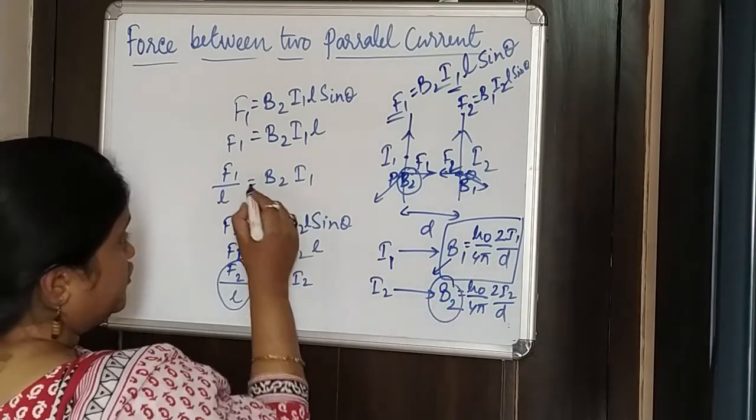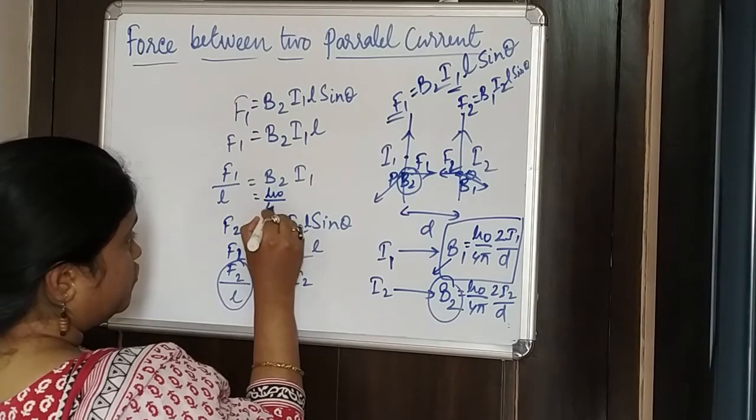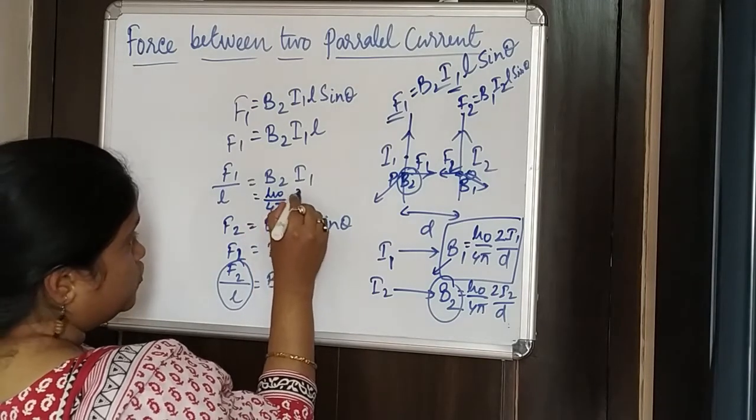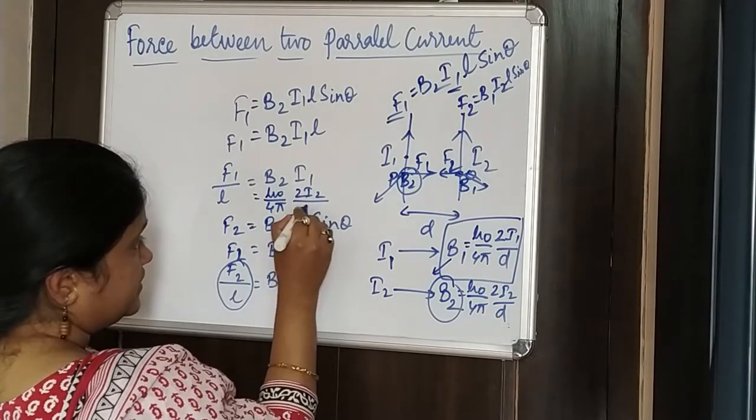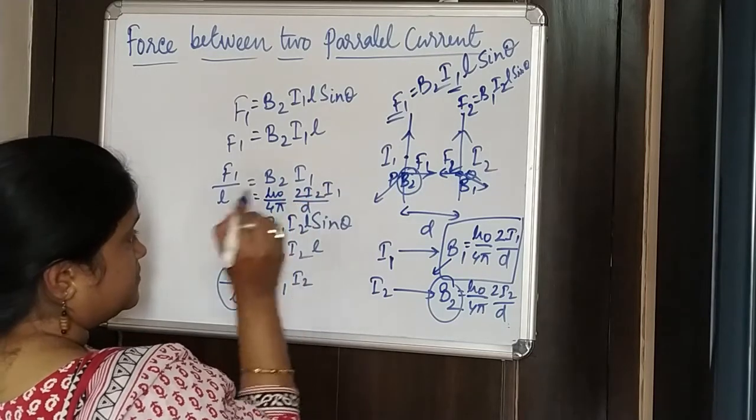When we substitute B2, we get mu naught by 4 pi into 2 I2 by D, and then I1.